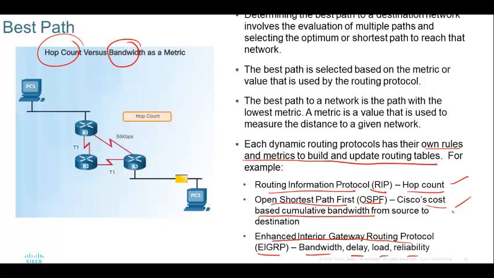If you say hop count is what I want in my network, then you can go with the RIP protocol. So according to your need, you can pick one protocol. That's why we have this many protocols. People are not of the same taste. Everyone has got a different taste. Likewise, in networking also, not everyone has the same policy. Different people will have different policy.